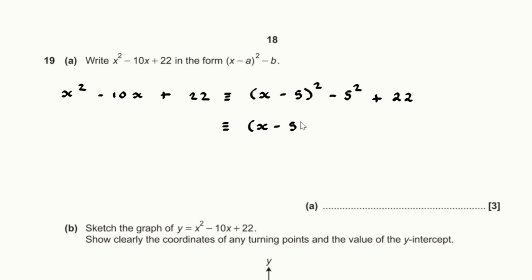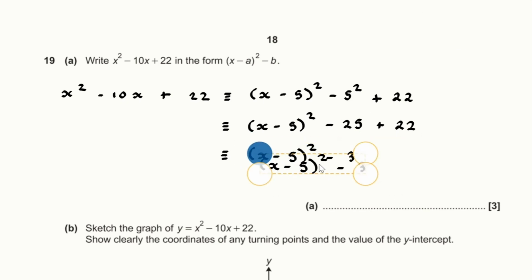So I've got x minus 5 squared minus 25 plus 22. We end up with x minus 5 all squared minus 3.